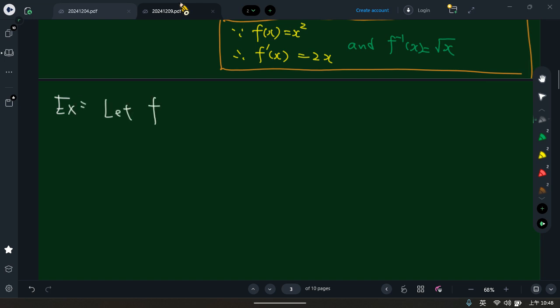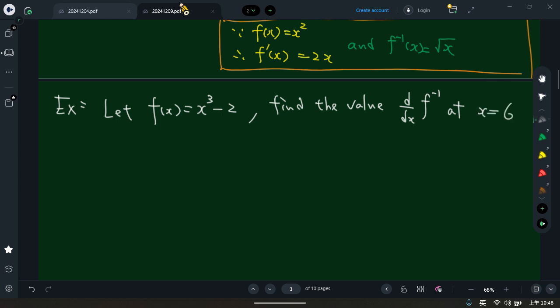that f of x is equal to x cubed minus 2. Find the value of this one, at x is equal to 6, without finding a formula for f inverse of x.